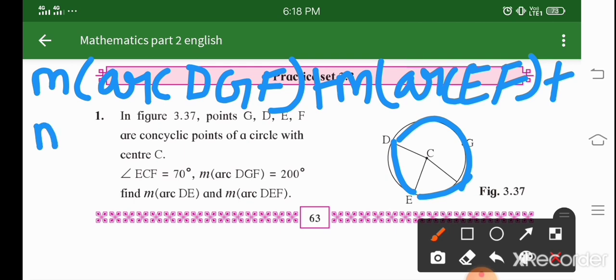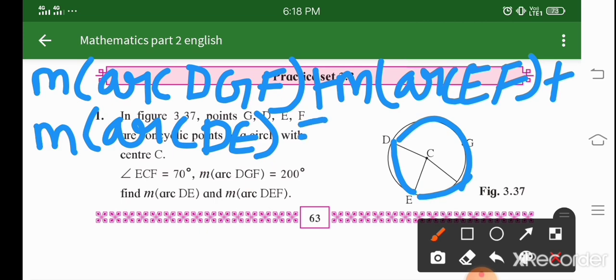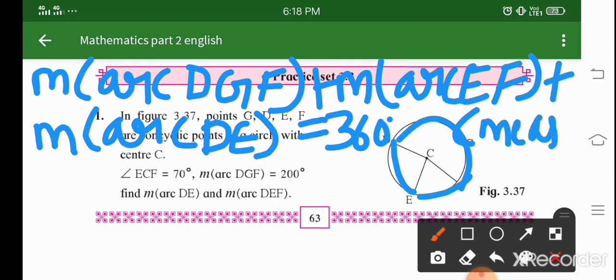So arc DE, that is equal to 360. You have to specify the reason. The reason is the measure of a full circle is 360, that you have to write over here. Okay, now we'll substitute the values.